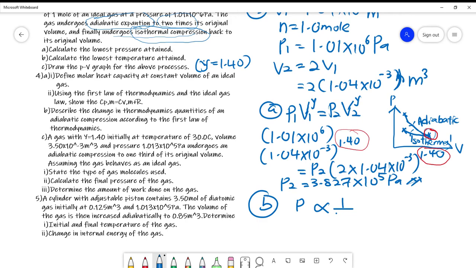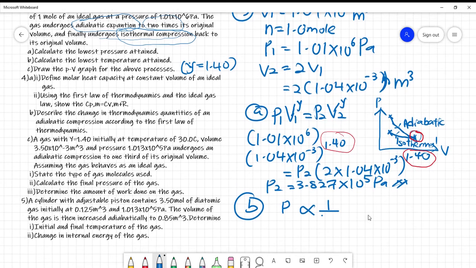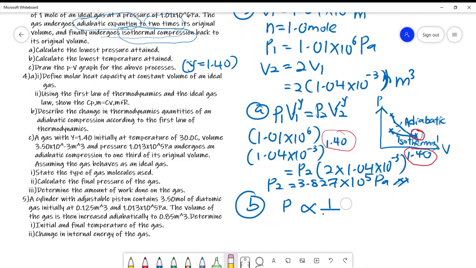Is the initial temperature given? Okay, since the initial temperature is not given, we cannot use that. I wonder what formula is applicable.